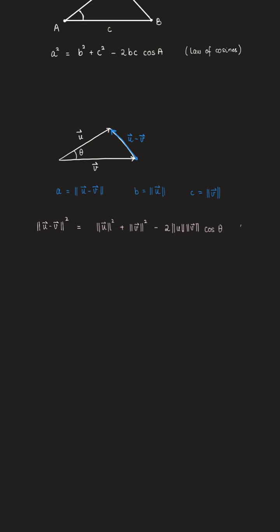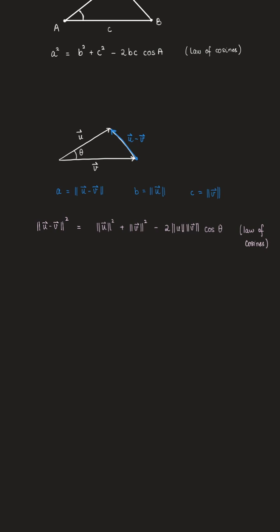And this is, again, the law of cosines. Now, I'm going to expand this a bit and work with this law of cosines to come up with our second representation of the dot product.